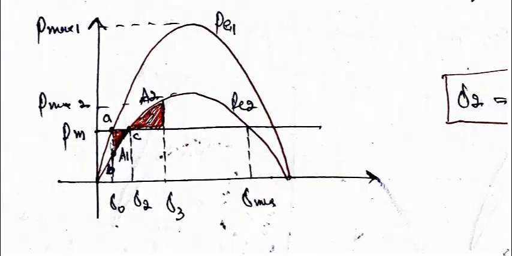When this happens, you can see that some accelerating area or accelerating power is available at the rotor and it will accelerate. And same will happen from this to this, because now the electrical power angle delta curve will be this, not this one. But the transient, it will change from initial operating point to this, and then it swings forward and backward at this point, as we have discussed earlier.